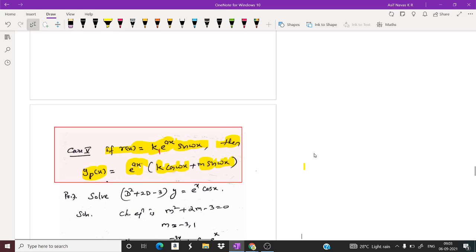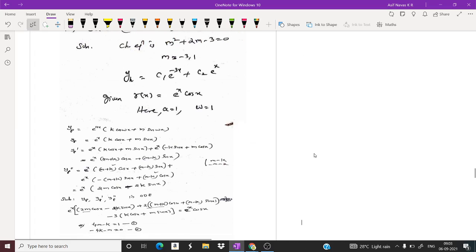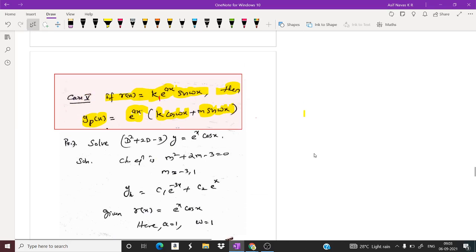So now we will do this problem. Here the problem is: solve (d square plus 2d minus 3) y is equal to e raised to x cos x.